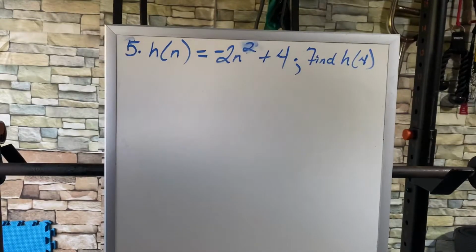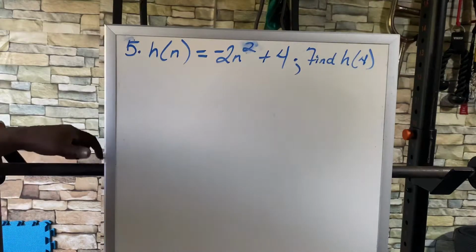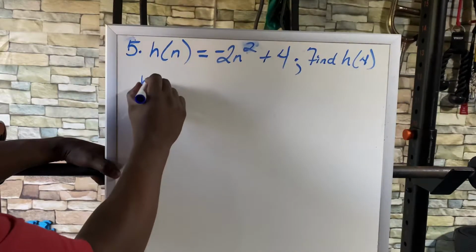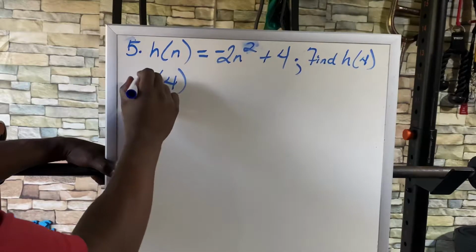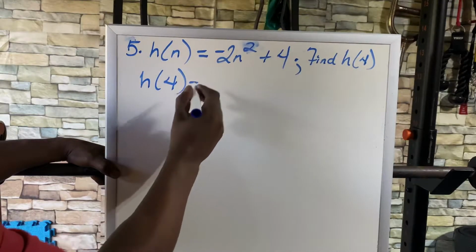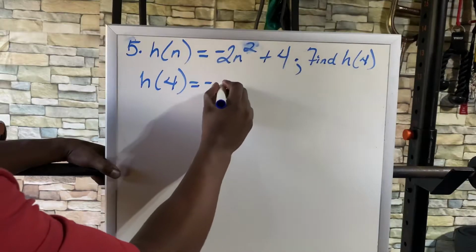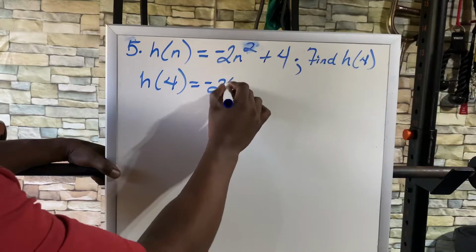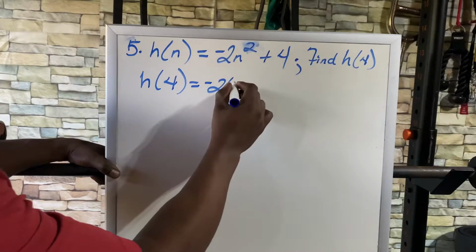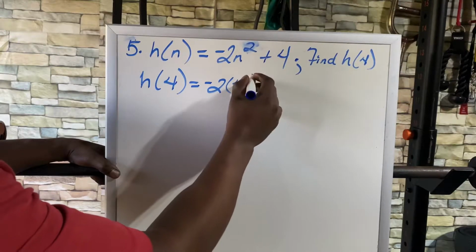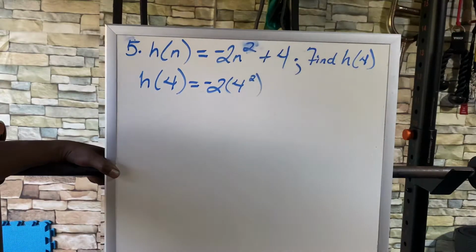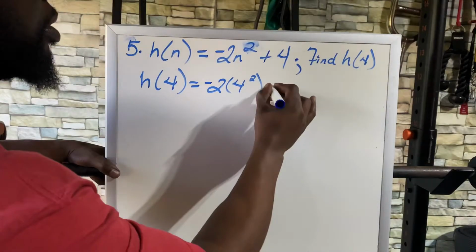Number 5, it says h of n equals negative 2n squared plus 4. Then find h of 4. So h of 4 equals negative 2 times 4 squared plus 4.